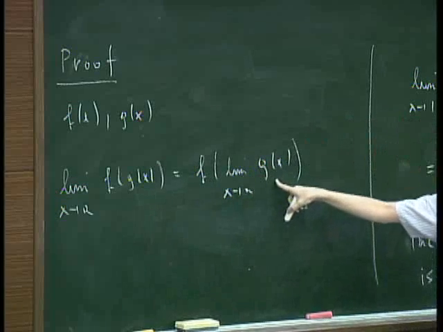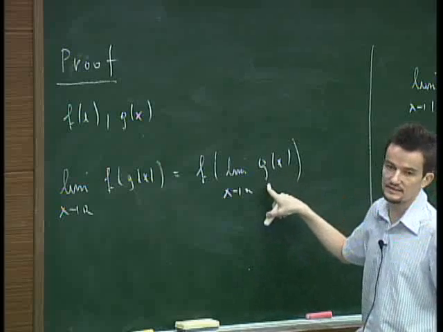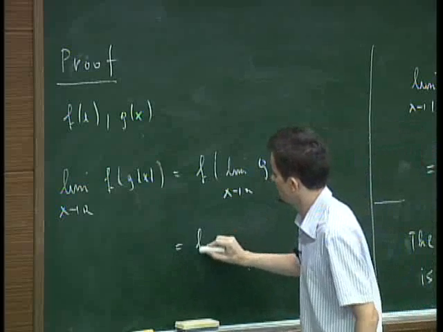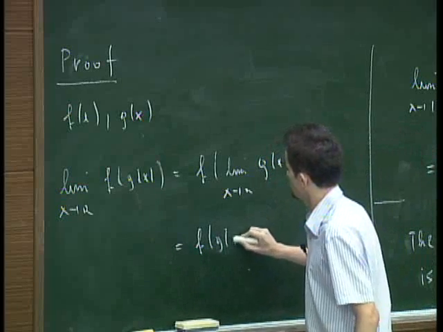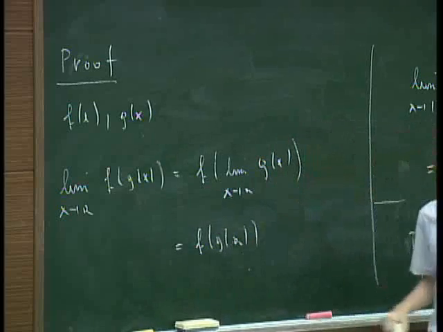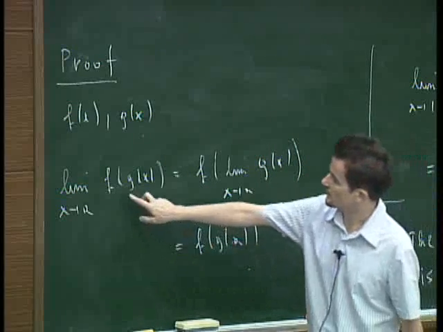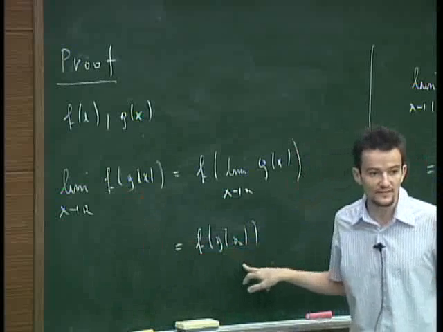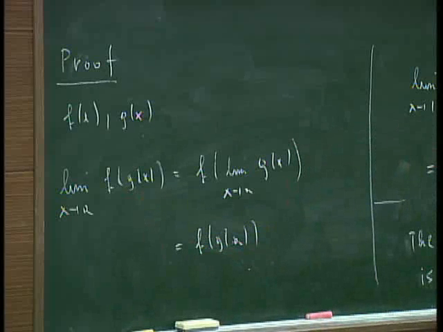But this function is continuous as well, so this limit we can easily evaluate as g of a. So what we get is f of g of a. And that's already the proof. So from here we already see that the composite function is continuous as well. So this is another convenient property.